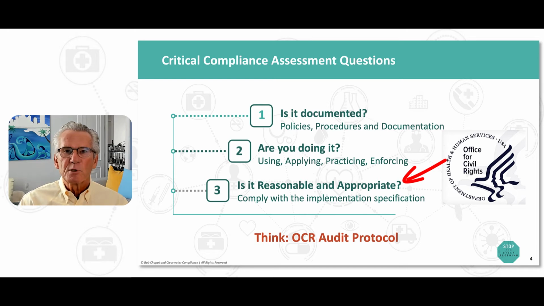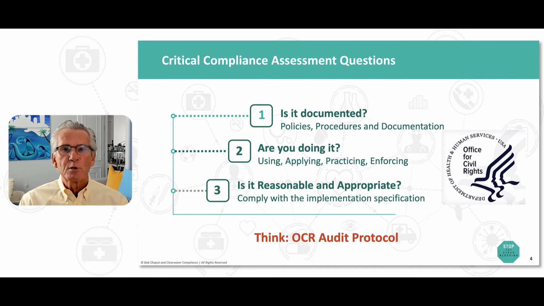Think about the HIPAA security rule for a moment. 5 major areas, 22 standards, over 50 so-called implementation specifications. I would suggest to you that what you would do in conducting a comprehensive compliance gap assessment is to step through every area, every standard, and at the so-called implementation specification level, pose these three questions.